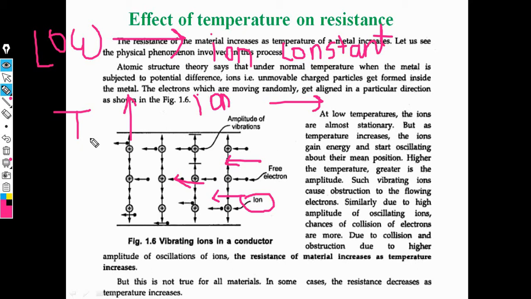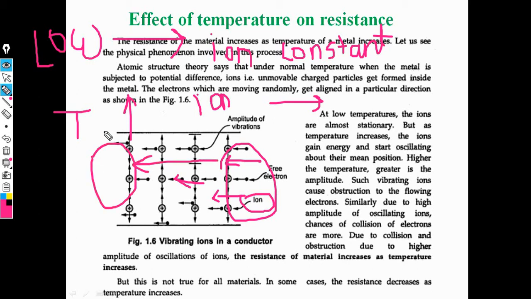When we increase the temperature, the ions start moving from the starting point to the final point.